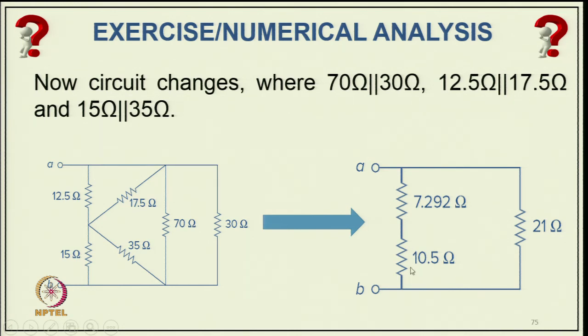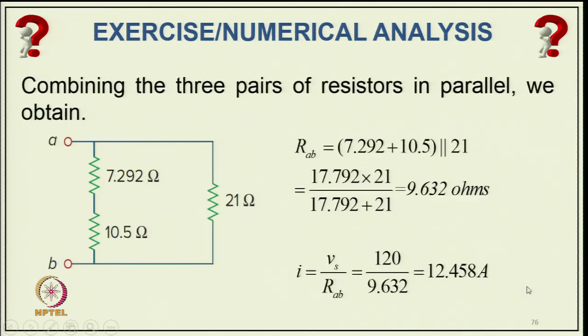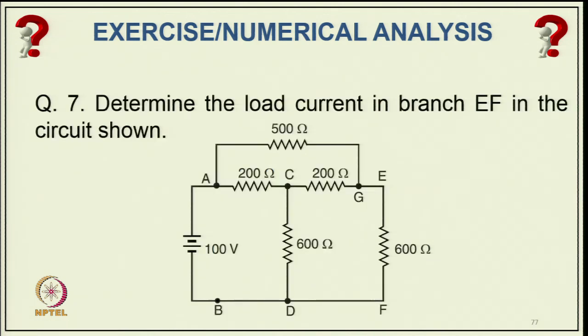Now, we can add this and put it in parallel to this. So, we can find the complete network resistance, and the current drawn from the source will be the supply voltage divided by the total resistance between A and B, and that comes to 12.458 ampere.